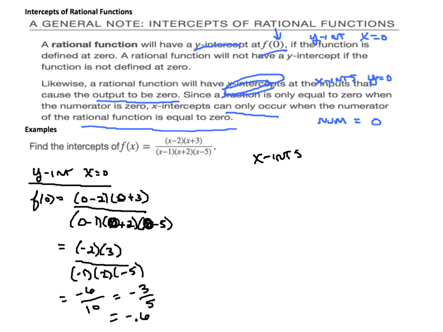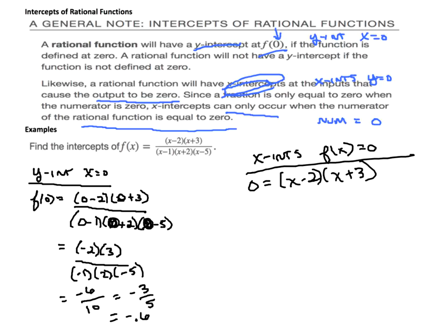And my x-intercept, that is when f of x equals 0, or y, but I don't need to worry about the denominator because we know that that's where we find our vertical asymptotes or our holes. So I just need to set the numerator equal to 0.